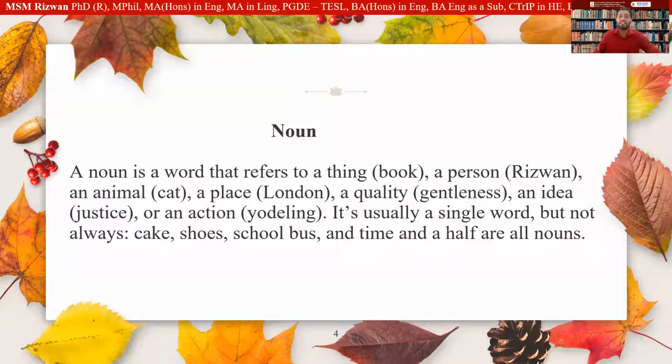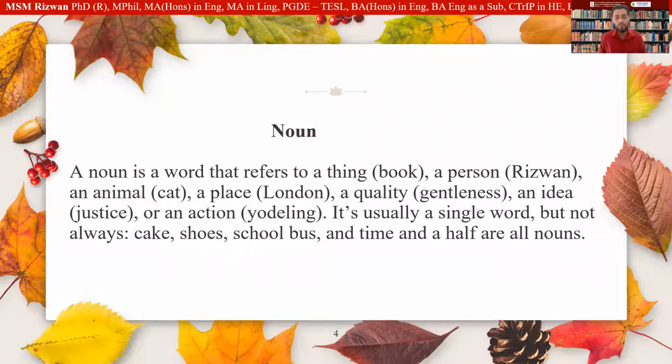So you can simply understand what a noun is, as well as some samples in relation to nouns. In addition, you want to understand that it's usually a single word. Nouns can be a single word, but not always. Now look at these examples: cake, shoes, school bus, time, and half are all nouns.